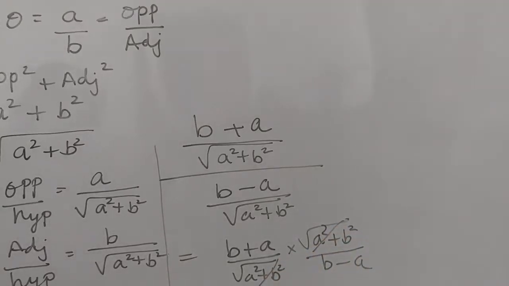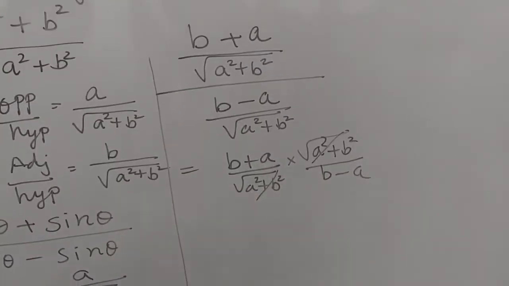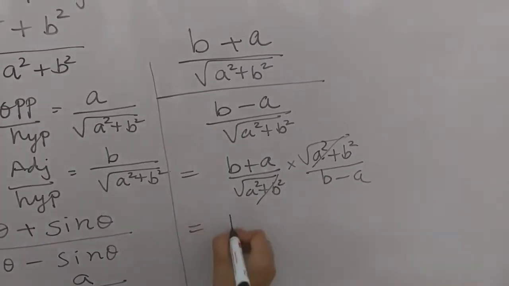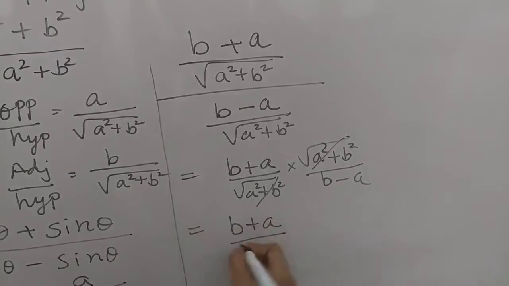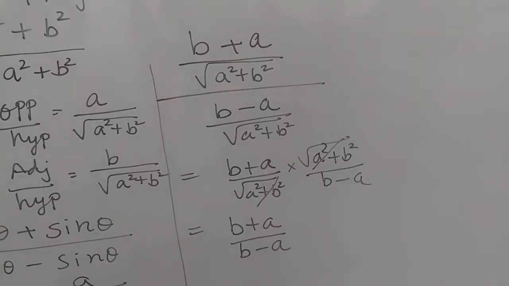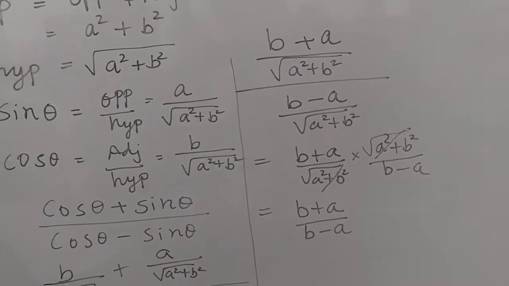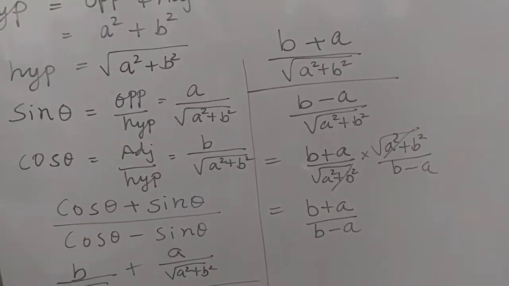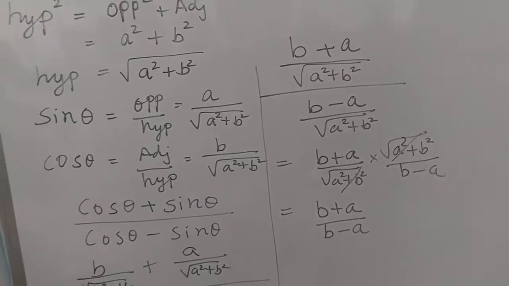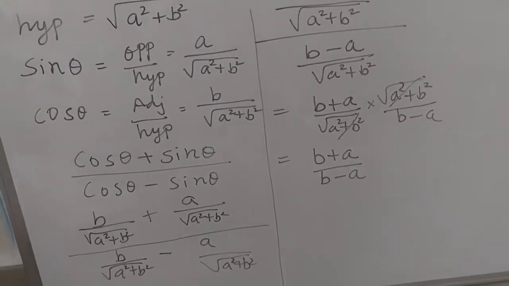So what we have left with is b plus a in the numerator and b minus a in the denominator. So this is our final answer, b plus a upon b minus a. Using the same method, students, you can find out your 14 and 15 question answers. Now let us start question number 17.